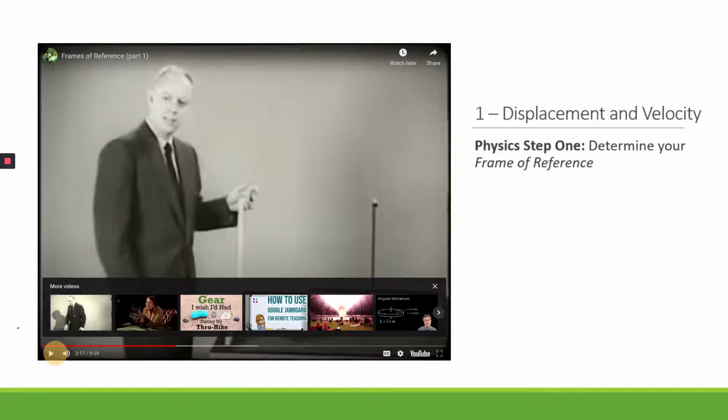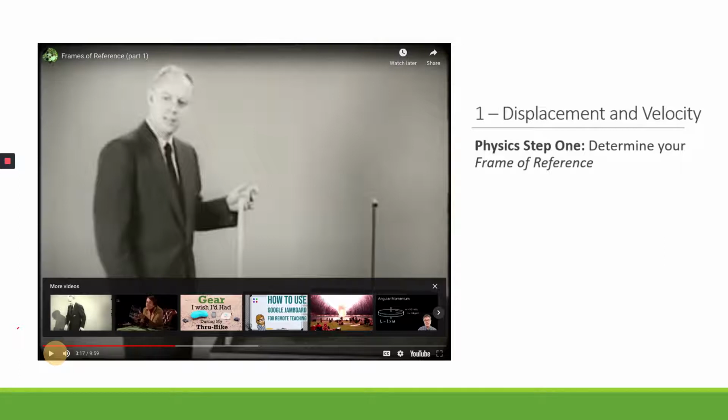So that's the whole goal of frames of reference: it's a way to simplify a physics problem to make a simpler physics problem to solve. The example I always use is the train. If I am inside a train and I want to throw my little racquetball to another passenger, the question is, do I care about the speed of the train?